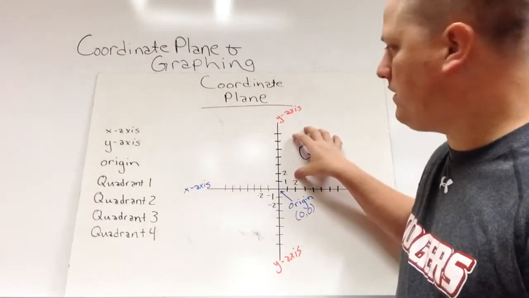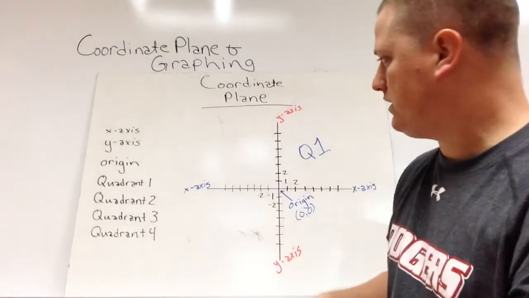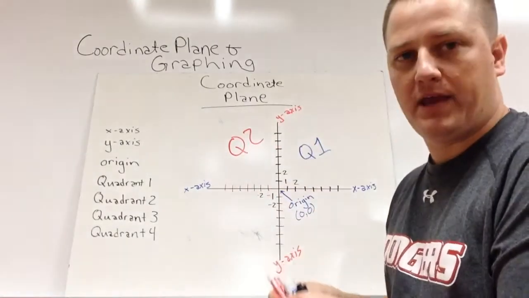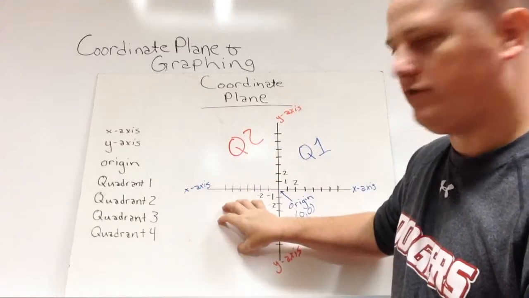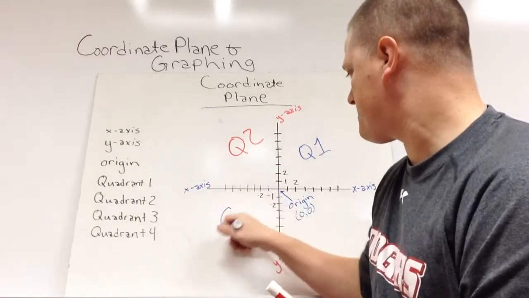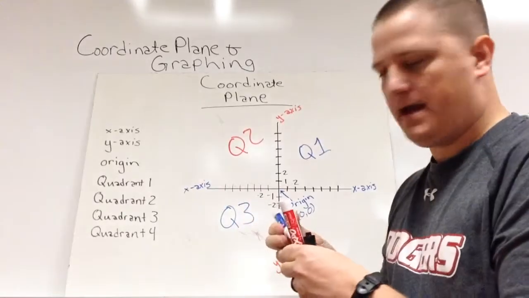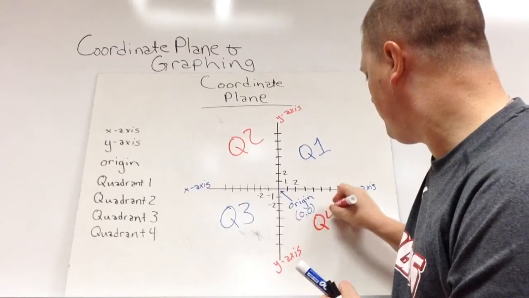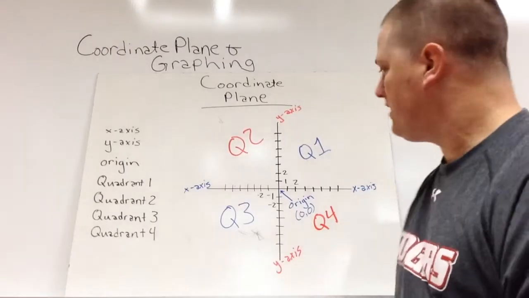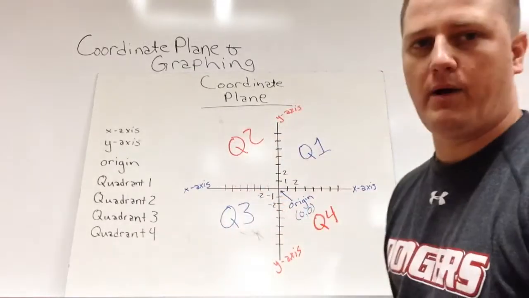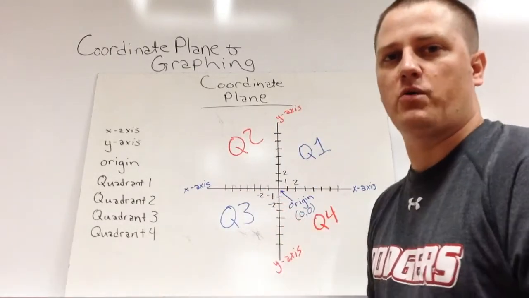So here's quadrant 1, we go to quadrant 2, and then we keep going counterclockwise. So negative, negative is quadrant 3, and we end with quadrant 4 in the bottom right hand corner. So we start quadrant 1 positive, positive, and then work counterclockwise. This is the basics of the coordinate plane.